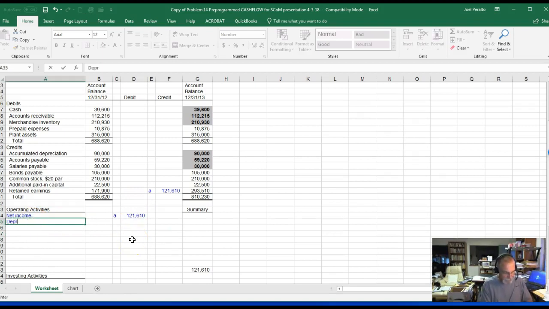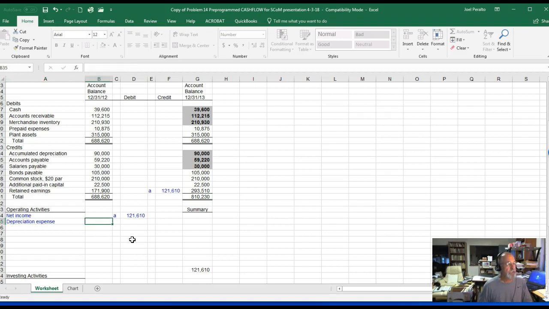And depreciation is recorded as a debit to depreciation expense. So we need to add depreciation expense to our operating activity section of the statement of cash flows.